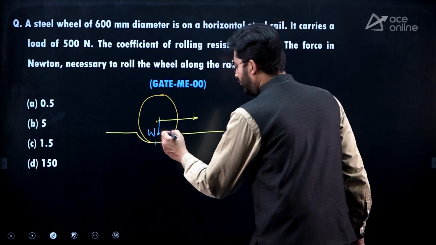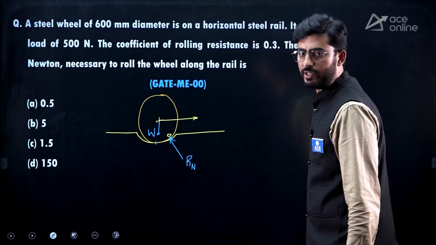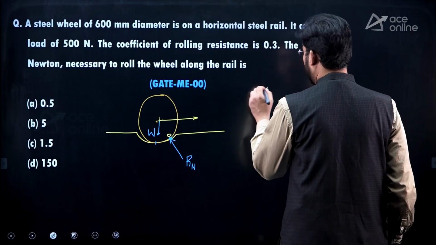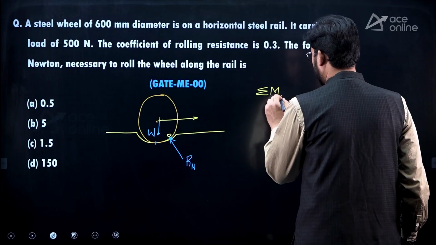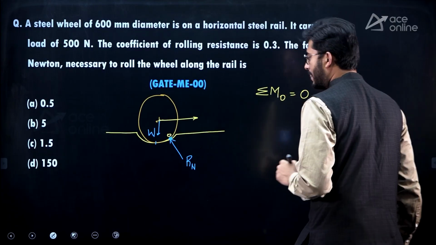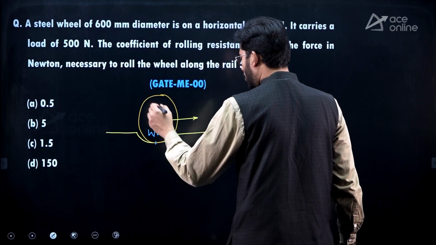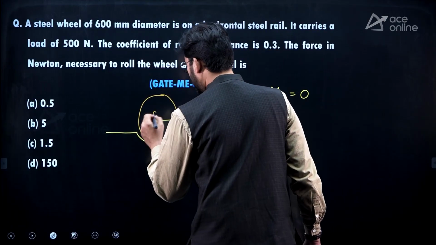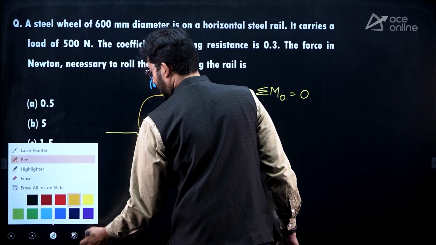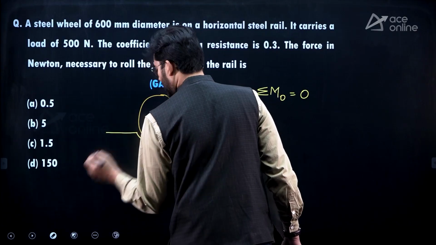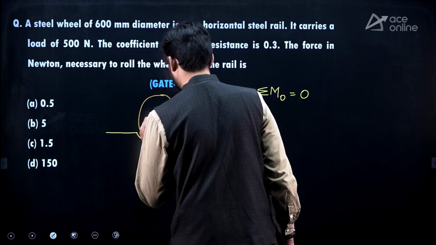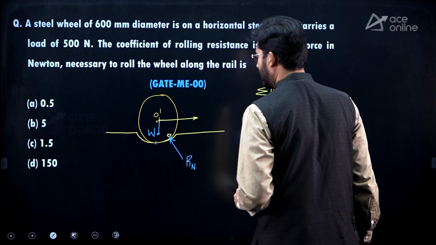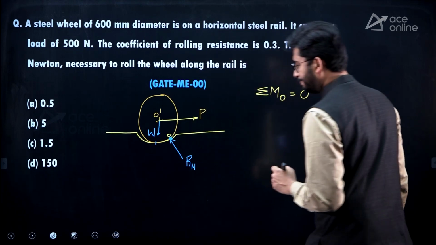So if we take moments, let's say this is the point O, this is the center of mass, this is O dash, and this is the force P.